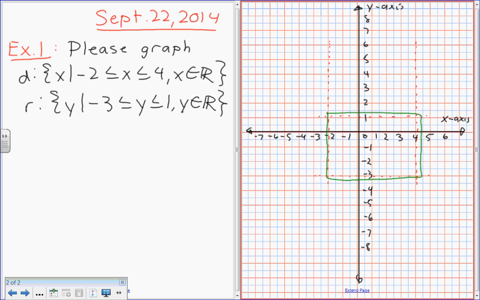All of the x values are between negative 2 and 4, and the y values between negative 3 and 1. It didn't say anything about being a function, so I can draw anything I want. The easiest thing to do is just put a dot at the top corner and go down to the other end. If you look at my x values, they go from negative 2 to 4. If you look at my y values, they go from negative 3 to 1.